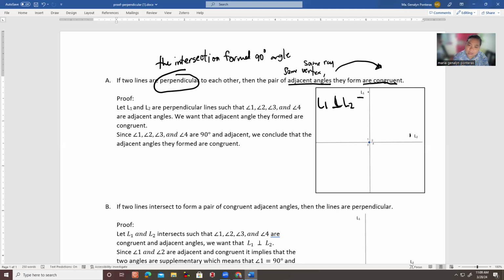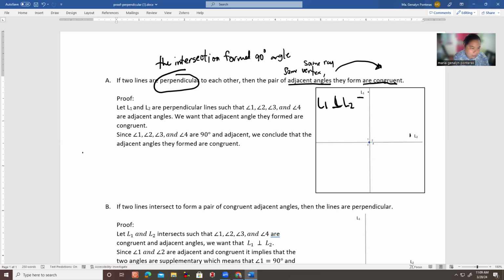What kind of property is this? By transitive property, since angle 1 is congruent to angle 3, let me write the proof.